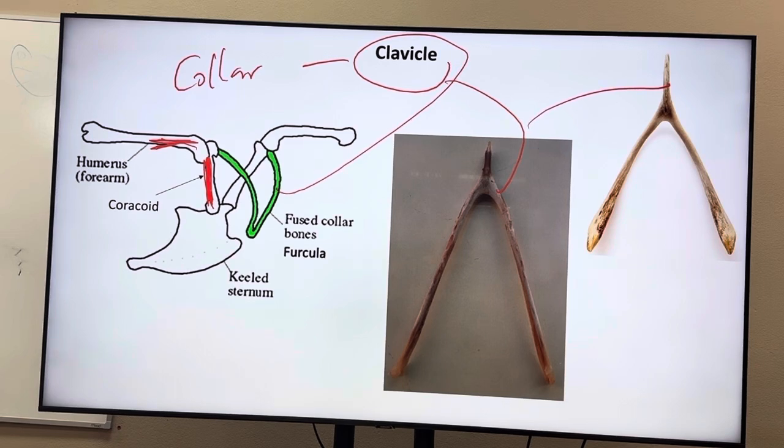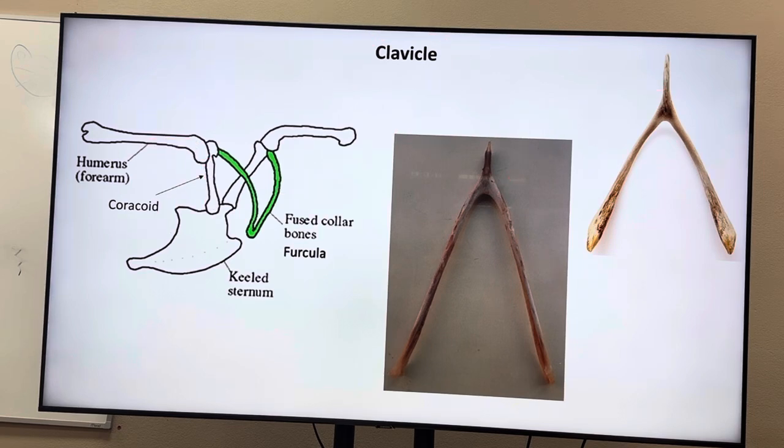It articulates with the coracoid proximally. This is fused to form what we call furcula. So the fused collarbone is what we call furcula.